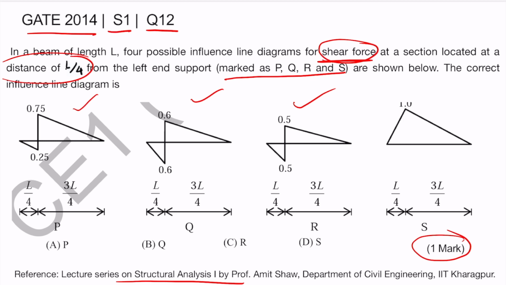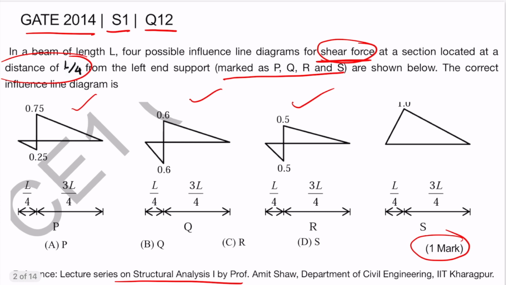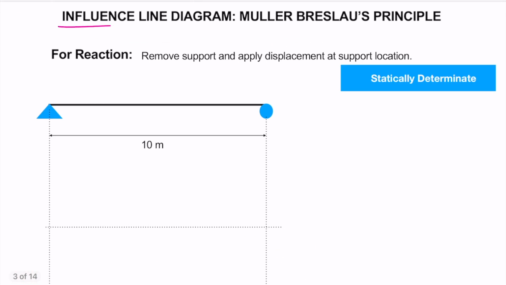To draw the influence line diagrams quickly, I'll recommend you to use the Muller-Breslau principle. That will be very helpful during the GATE exam. So let's see how to draw the influence line diagram using the Muller-Breslau principle.